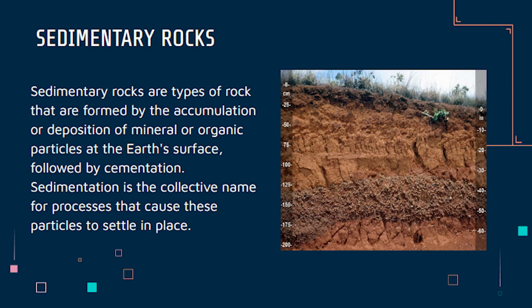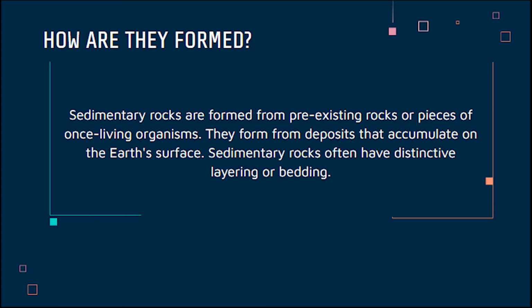Now, how are the sedimentary rocks formed? Well, it's kind of explanatory in the definition. It says sedimentary rocks are formed from pre-existing rocks or pieces of once living organisms. They form deposits that accumulate on the Earth's surface. Sedimentary rocks often have distinctive layering or bedding.